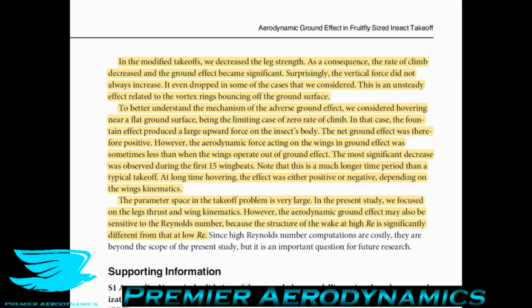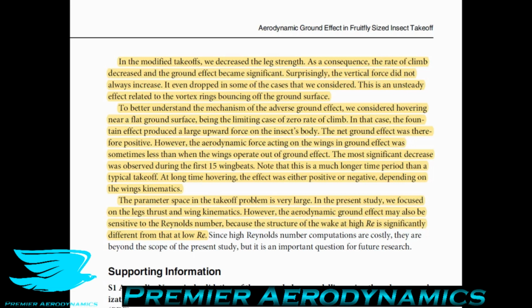However, the aerodynamic force acting on the wings in ground effect was sometimes less than when the wings operate out of ground effect. The most significant decrease was observed during the first 15 wing beats. Note that this is a much longer time period than a typical takeoff. At long time hovering, the effect was either positive or negative depending on the wing kinematics.